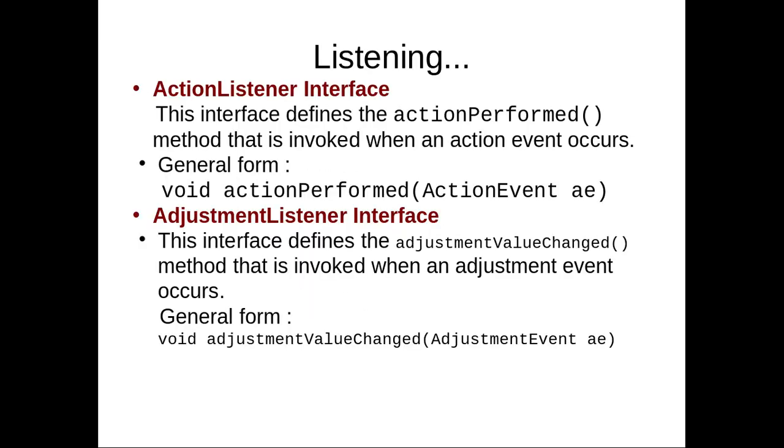Action listener interface. The interface defines the actionPerformed method that is invoked when an action event occurs. That means when an action event occurs, the action listener is calling the actionPerformed method. Adjustment listener interface defines adjustmentValueChanged, a method that is invoked when an adjustment event occurs.